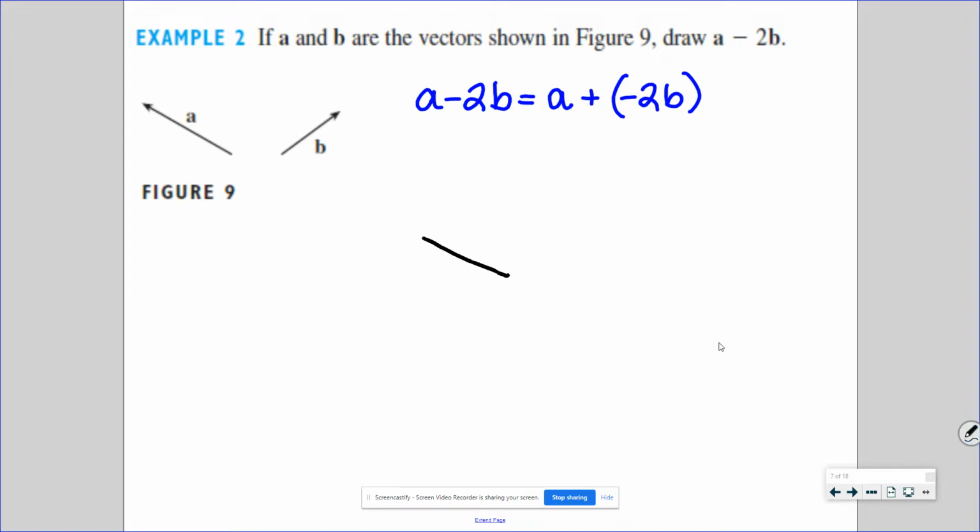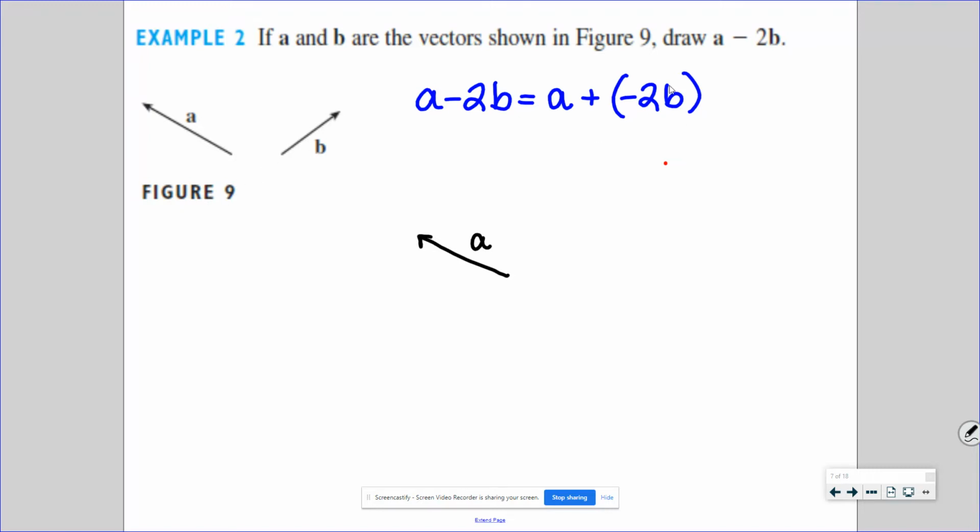Remember, you don't change the size or the direction, so it's the same size, same direction as what's shown. But for b, we want negative 2 times b. So we want the size of vector b to double in length, and we want it to go the opposite direction to make it negative.